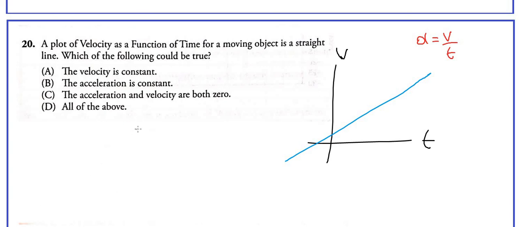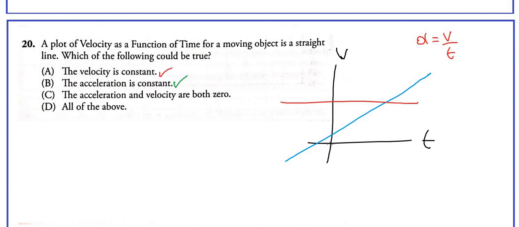So here we are going to check all possible scenarios of being a straight line in the function velocity and time. So one scenario, the line could be like this, and acceleration is constant because it is a linear line, so the slope is the same at every point. If the line is the horizontal line, then the slope is 0, so the velocity is constant, as you can see from the graph.